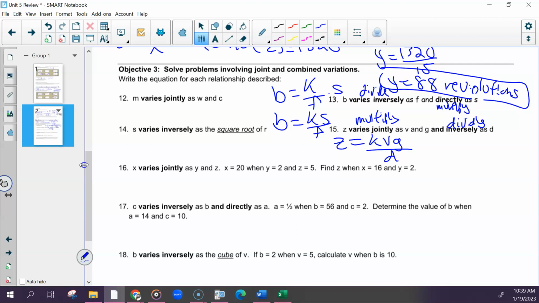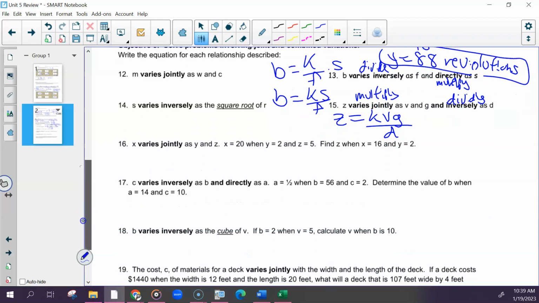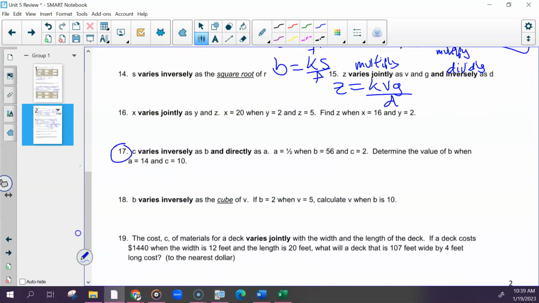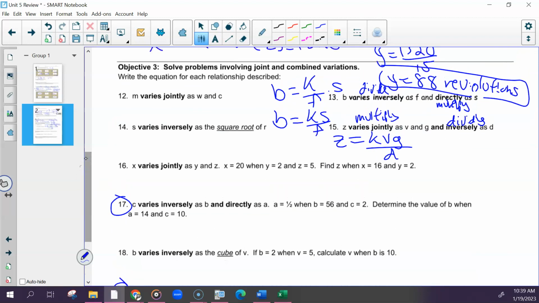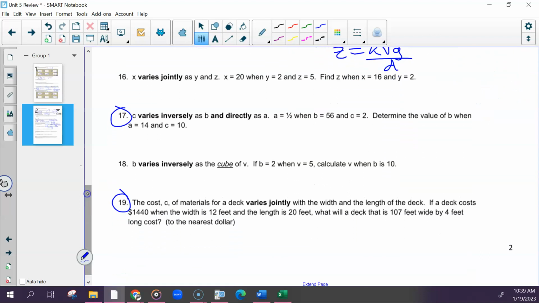Questions on 16 or 17 or 18 and then 19? 17. Okay. For 16 or 18, if we want to see that set up, we could do that, but we're not going to solve it. For 17, this will be set up just like we just did for 13, except different variables.